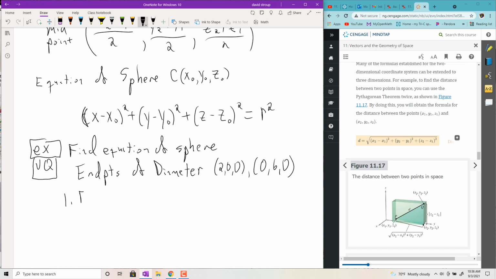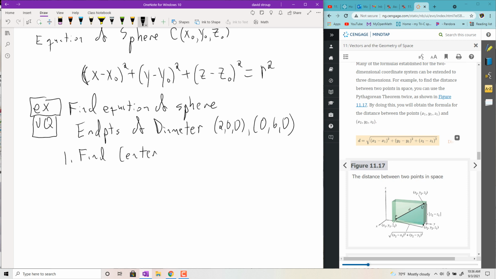First they want you to find the center. The center is just the midpoint of that diameter. Using the midpoint formula, we add the x-coordinates, divide by 2, add the y-coordinates, divide by 2, add the z-coordinates, divide by 2, and that gives us the center. So 2 over 2 is 1, 6 over 2 is 3, 0 over 2 is 0.